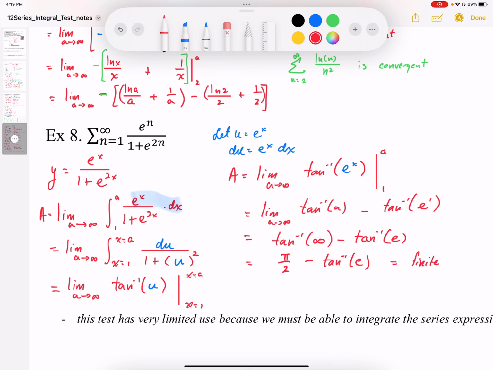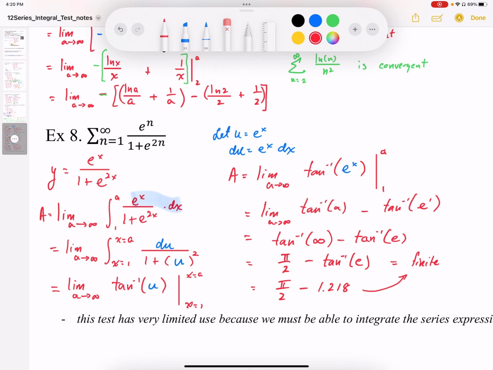If you're not sure about that, we could always just plug arctan e into our calculator. And plugging it in, pi over 2 minus the angle, arctan e works out to be 1.218. So again, it still leads us to the conclusion that that's finite.